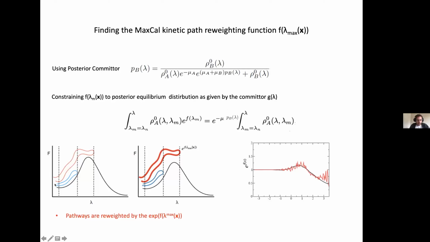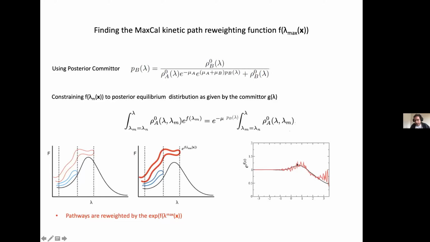So now I'm going to the examples. This is how the f function looks. You have a stable state around here, state A is here, state B is here. By solving this equation, you're able to have a CV-dependent function, which we call a kinetic path reweighting function. If you're leaving state A and going towards B, then if your pathway reaches, say, this point, it gets a weight of 1.1.